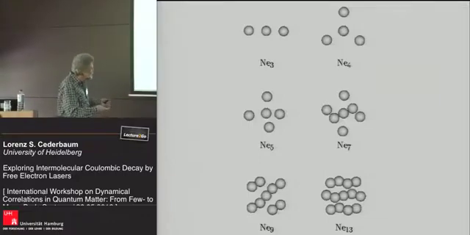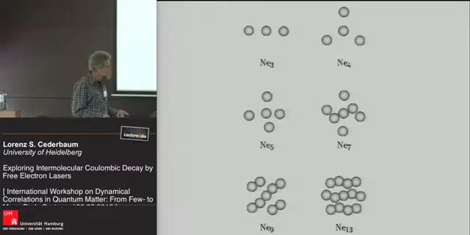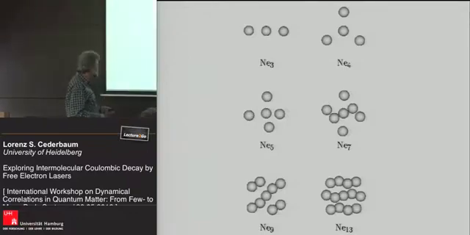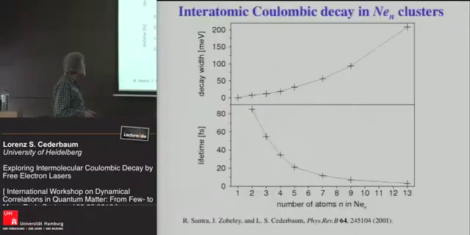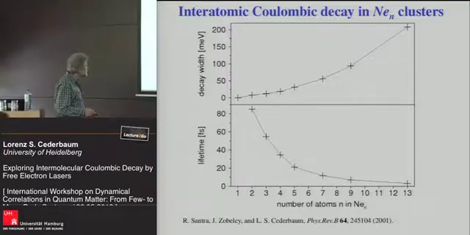So you can in principle see that with more neighbors, even neon becomes a bomb. Yeah? It's comparable to the Auger of an inner core in those systems. Here you see the plot. This is the decay width or rate as a function of neon atoms in this cluster.